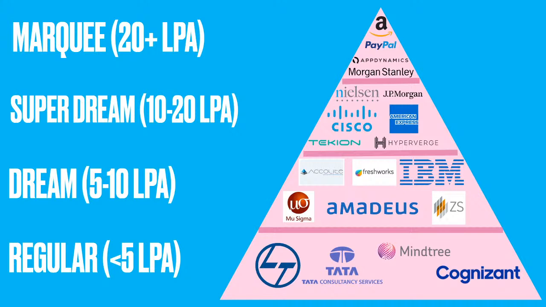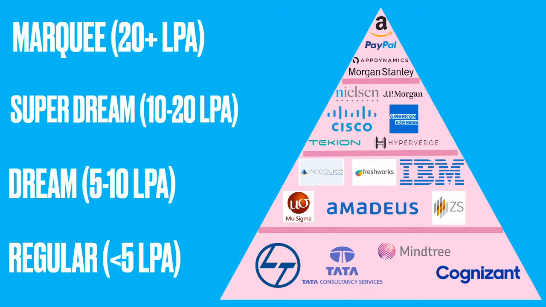Regarding Super Dream, which is 10 to 20 LPA, we see JP Morgan, Cisco, which was supposed to be 20 plus but in our batch came for Super Dream, American Express, Techion, Hyperverge, and many other 10 to 20 LPA companies came for us.